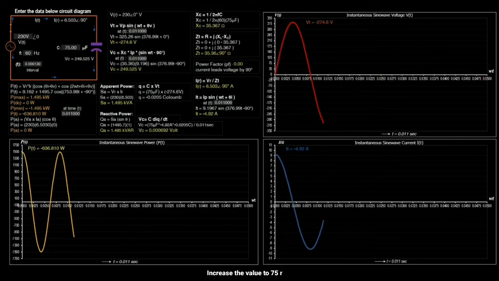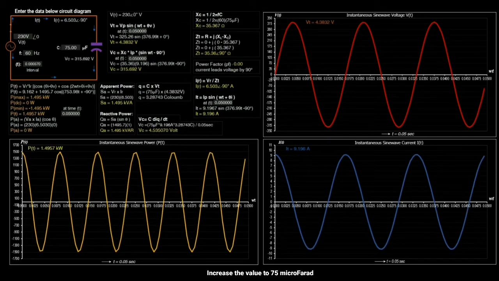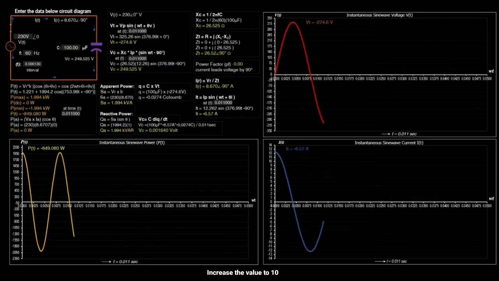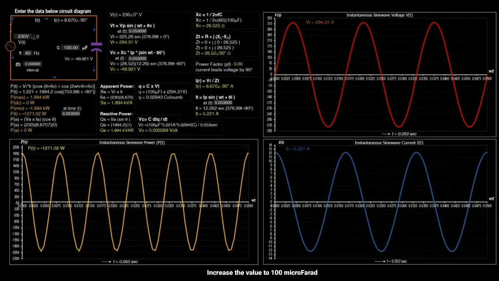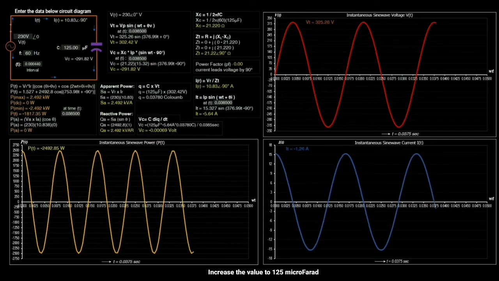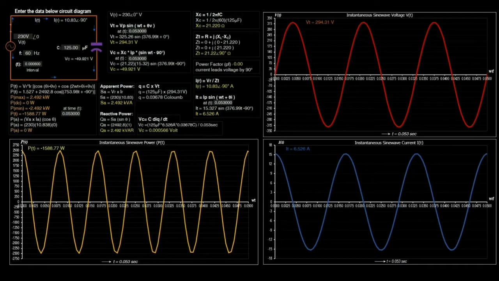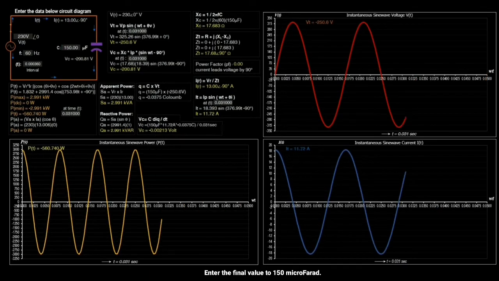Increase the value to 75 microfarad. Increase the value to 100 microfarad. Increase the value to 125 microfarad. Enter the final value of 150 microfarad.